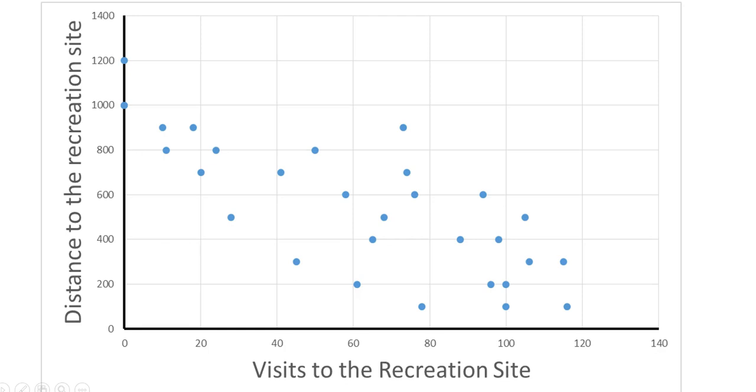With the travel cost method, you have to collect data and ask people questions about how far they live from a recreation site. That's plotted over here on the vertical axis, distance in miles. Actually, let me back up. This is one-way distance from 0 to 1200 miles.